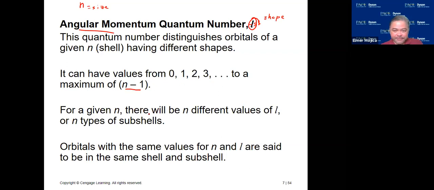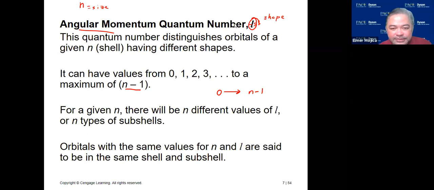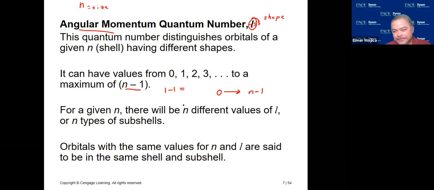So what does it mean? Its smallest value would be 0, and the largest n minus 1. Why do you think the smallest value is 0? What's the smallest value of n? Anyone? 1. So if you have 1 minus 1, that is equal to what? 0. That's the explanation why the lowest value of L is 0.